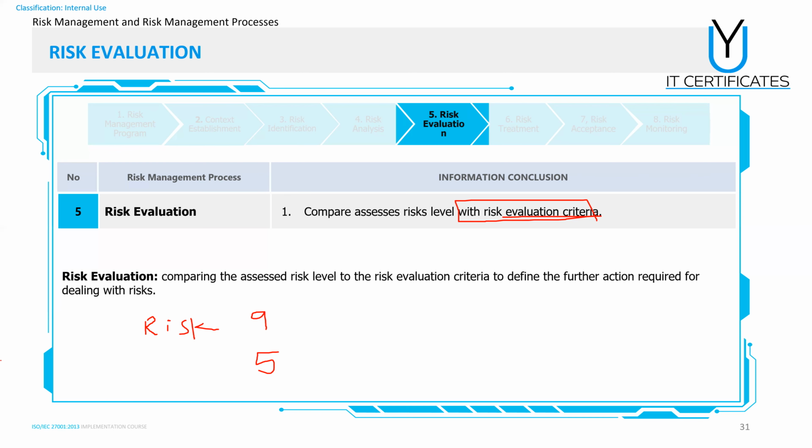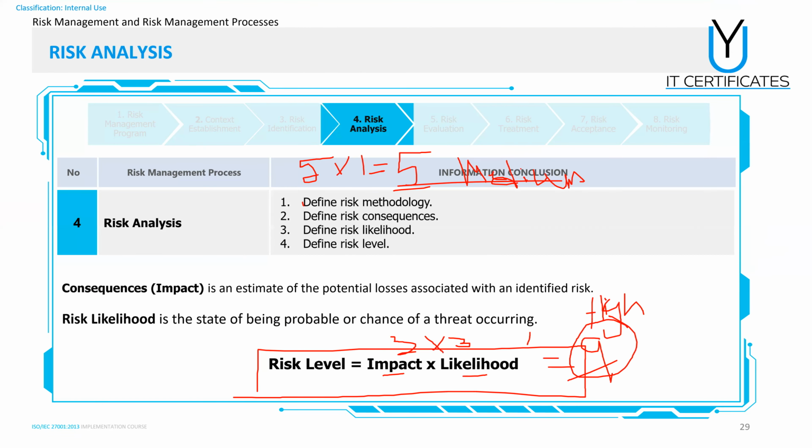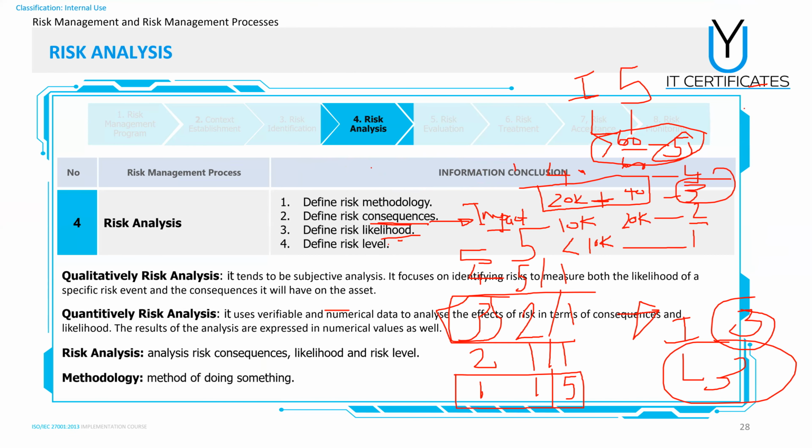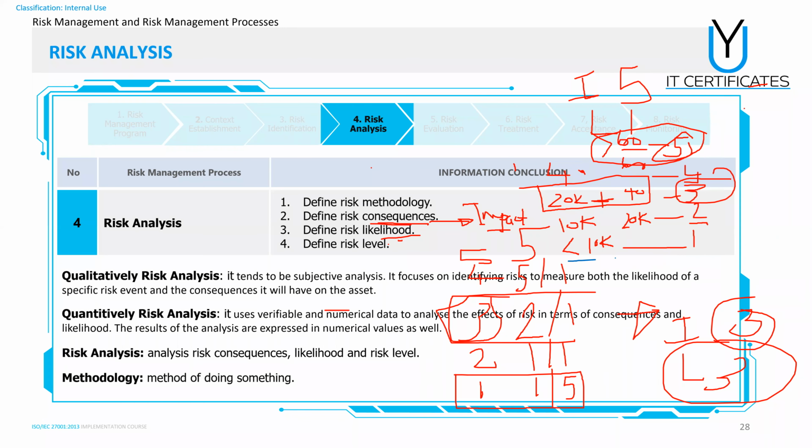For example, let's go back to the impact which we defined here. We mentioned that the impact is less than 10K, between 10K and 20K, between 20 and 40, and more than 60. These are the numbers.